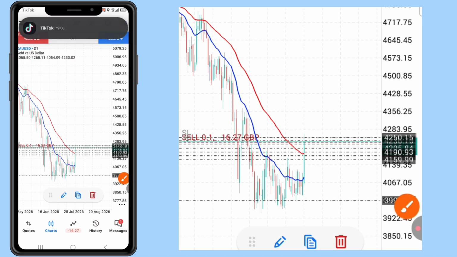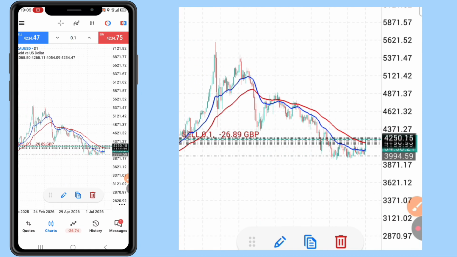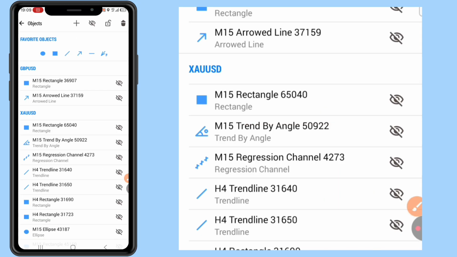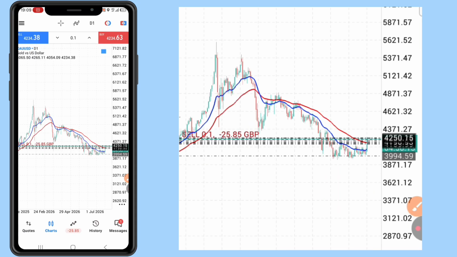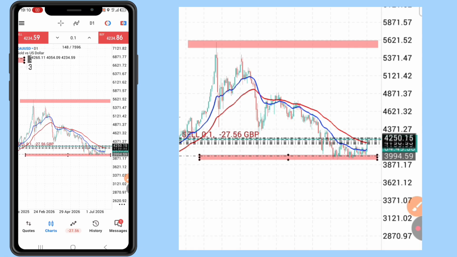But for the moment, it is super bullish. Following this resistance zone, let me add it right here. I think I should use this triangle, following this resistance zone against this support zone, which is right here.